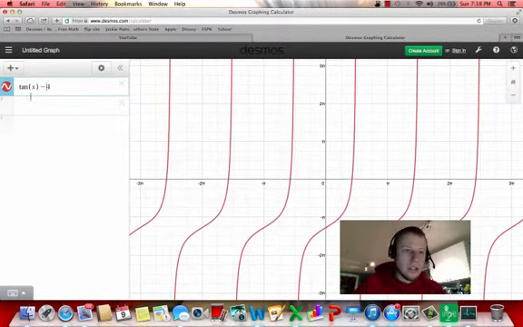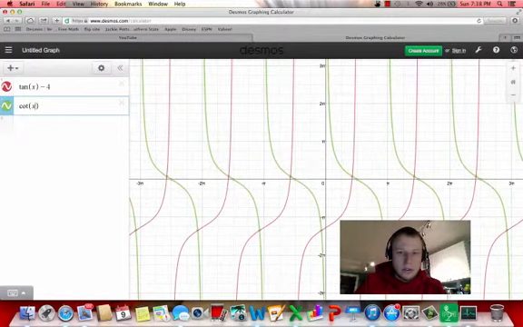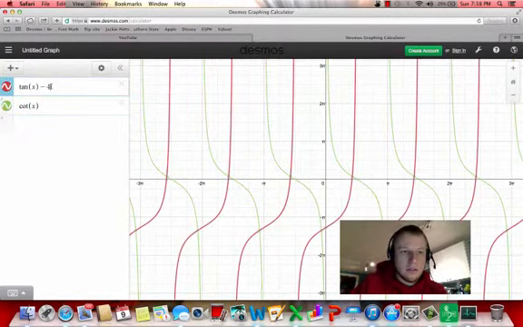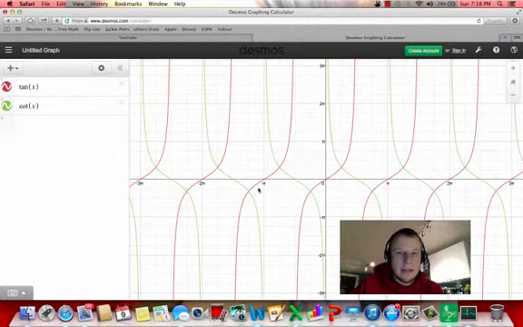Now, if we're going to graph cotangent of x, there it is. It does the exact same thing, except instead of crossing at 0, pi, 2 pi, that's where the asymptotes are.